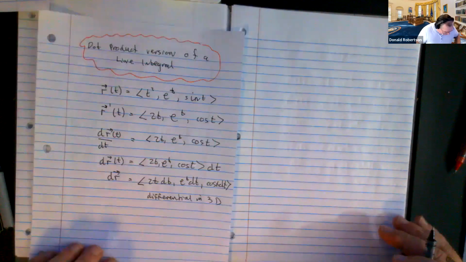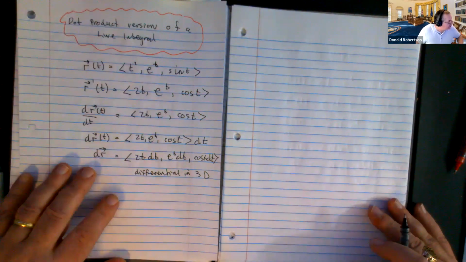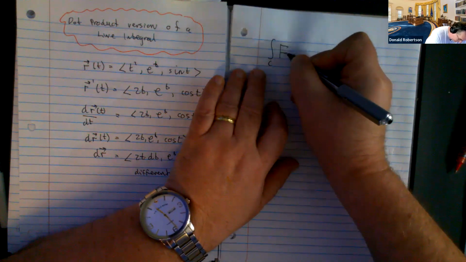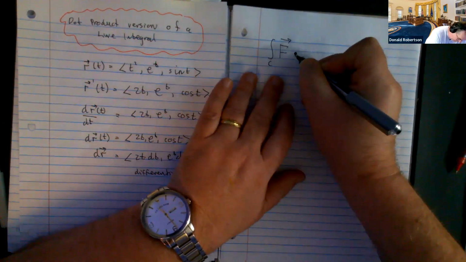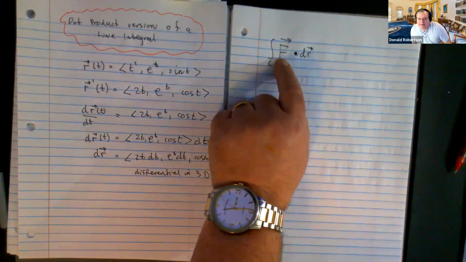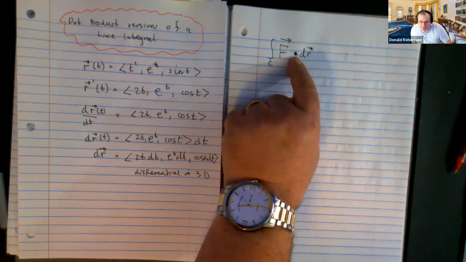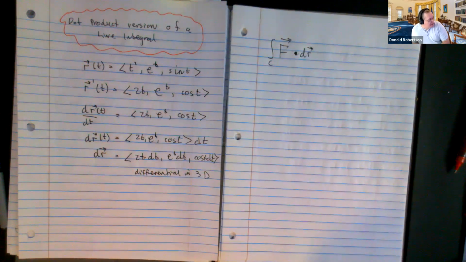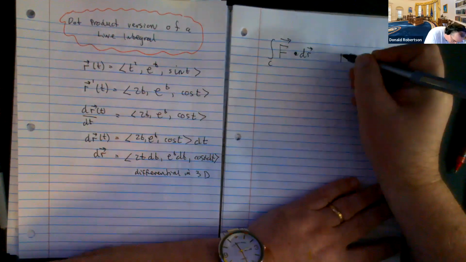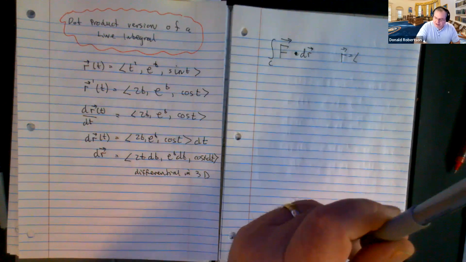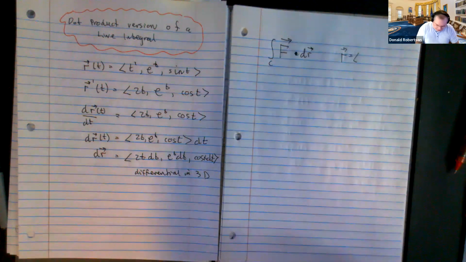So what does a line integral in dot product version look like? It looks like this. A vector field dot product with the differential. So in this story, you are going to be told who your vector field is. Remember those little vectors in 3D at any point x, y, z, there's a kind of direction that it's moving.